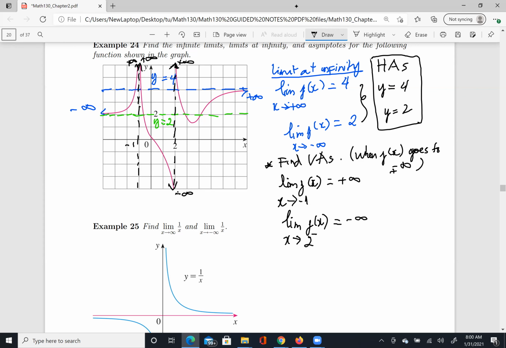Because it's going along x equal to 2 and going down. So that makes negative infinity. And for the limit of f(x) when x goes to 2 from the right hand side, that will give you positive infinity, and it's going up.